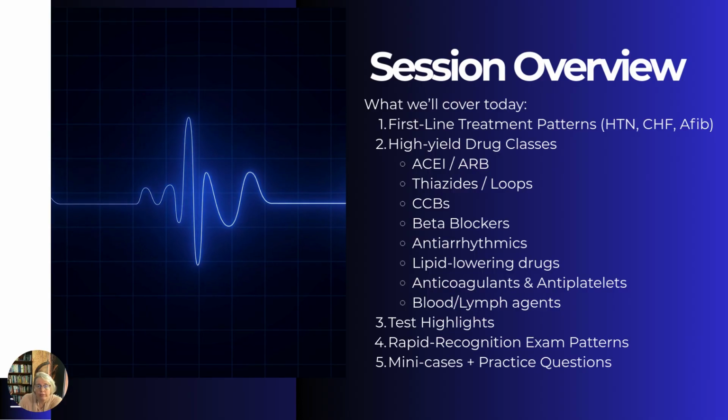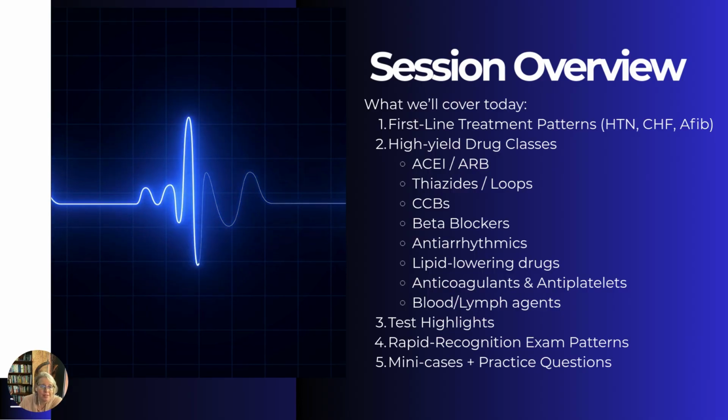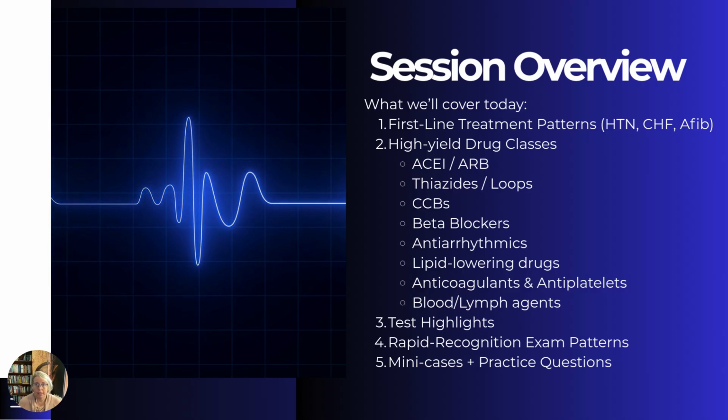We're going to cover all of these a little bit. We're going to cover the test highlights and then do a couple of rapid recognition exam questions and mini cases before we're done.